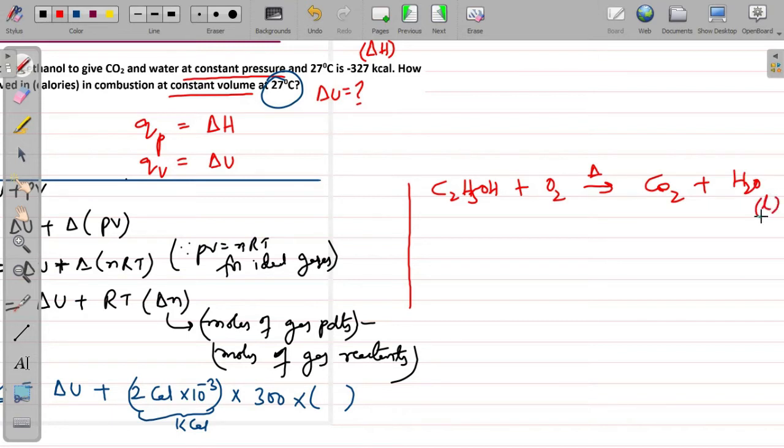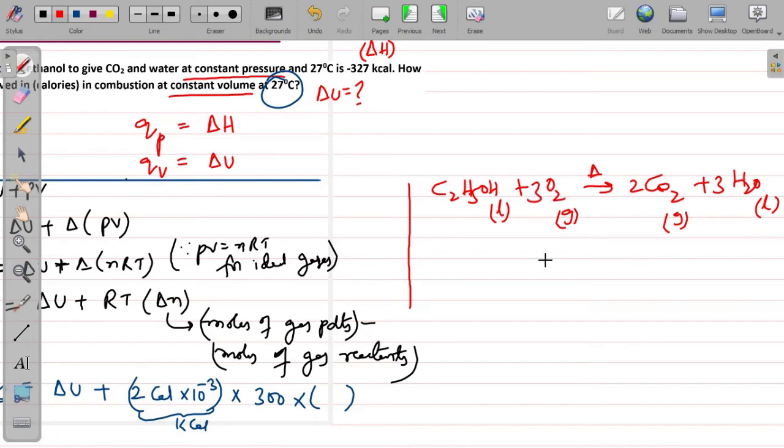So at that temperature water is a liquid, and ethanol is also a liquid. Methanol, ethanol, these are liquid states. Because of the intermolecular hydrogen bonding, they do not exist as gases, they exist as liquids at room temperature or 27 degrees centigrade. Now see, if you balance these equations, O2 and CO2 are gases, and after balancing, there are 2 carbon dioxides and 3 and 3.